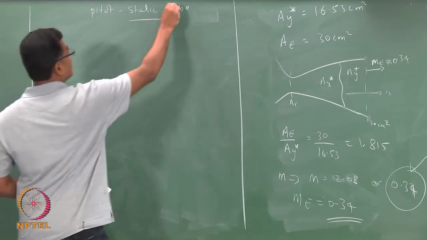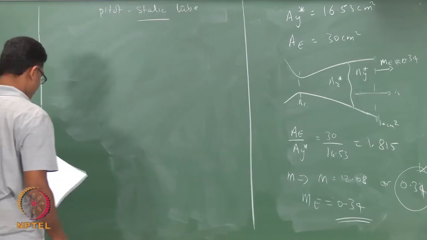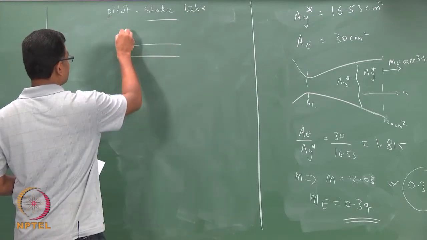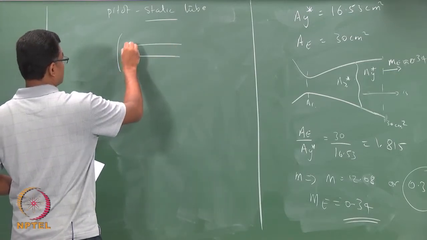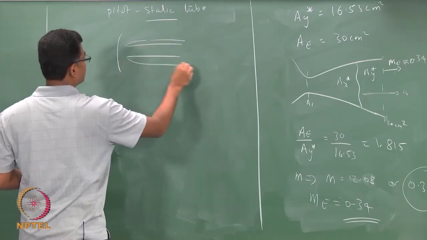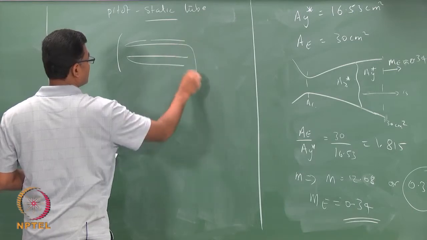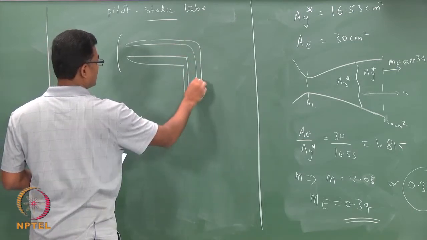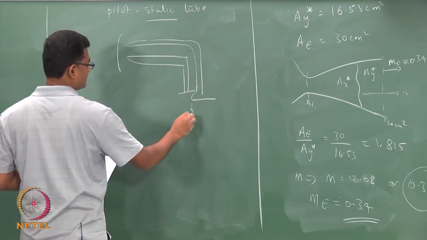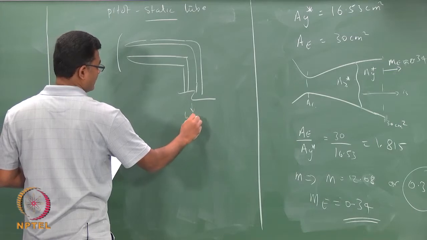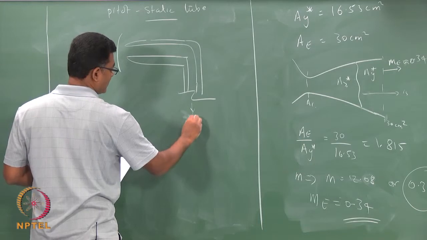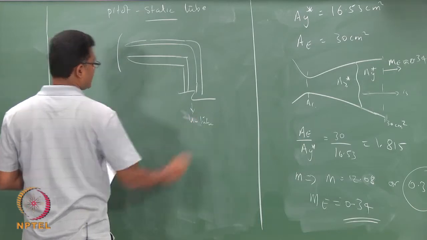So I have a shock that is standing before a pitot tube, connected to some measuring device, a transducer or a U tube, some instrument.